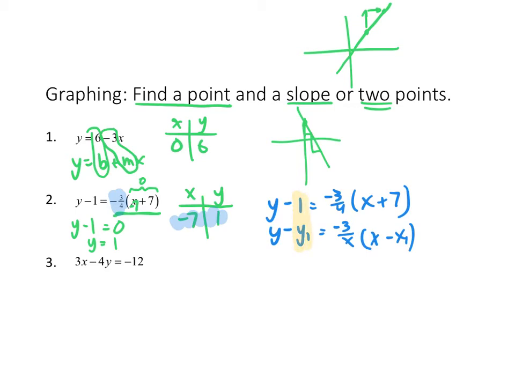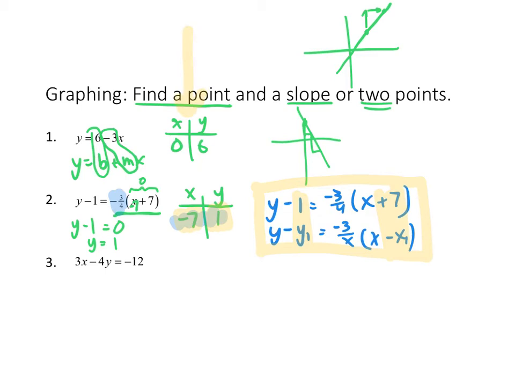This must have been the y value, y1. And if you look at this, negative x sub 1 must have been 7, so -7 must have been x. And so you could either just look at the equation and figure out what x sub 1 and y sub 1 is, or, once again, the table is always going to work for you.